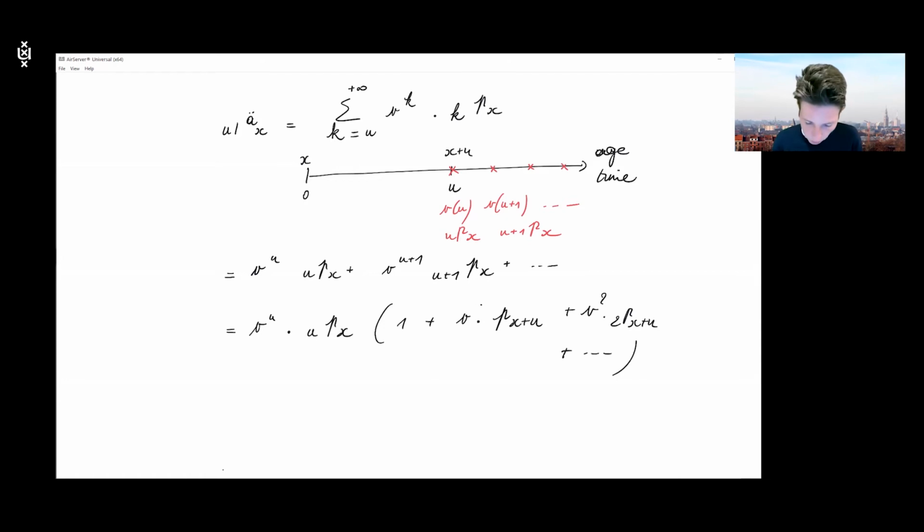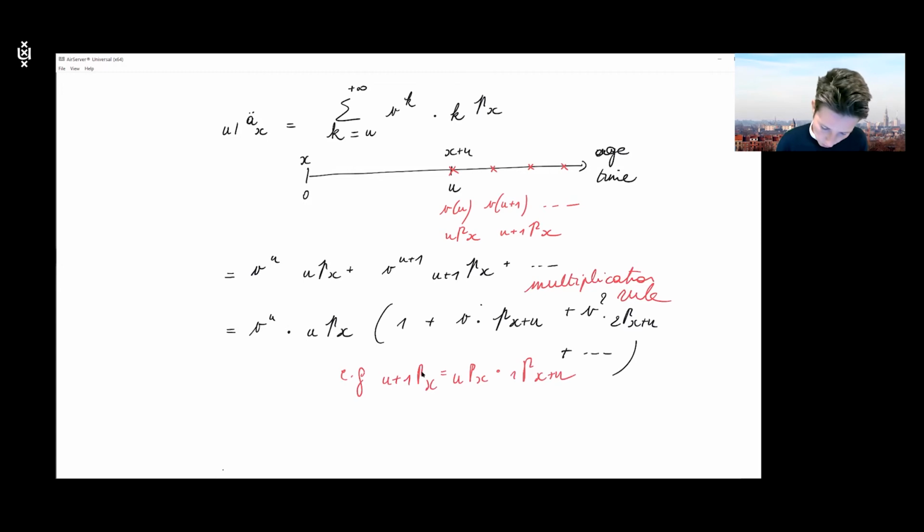Okay, so what I'm using here is again my multiplication rule for survival probabilities, so that, for instance, U plus 1 PX is UPX times 1 PX plus U. That's the kind of reasoning that I'm using here.